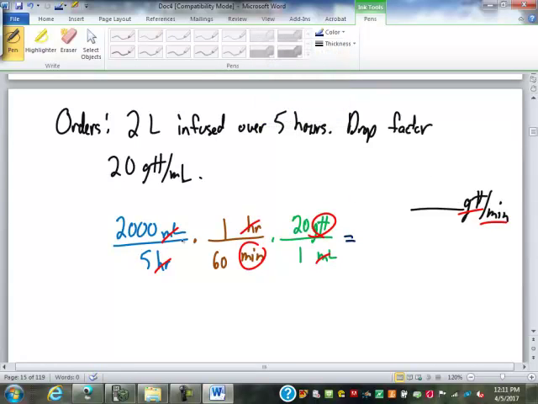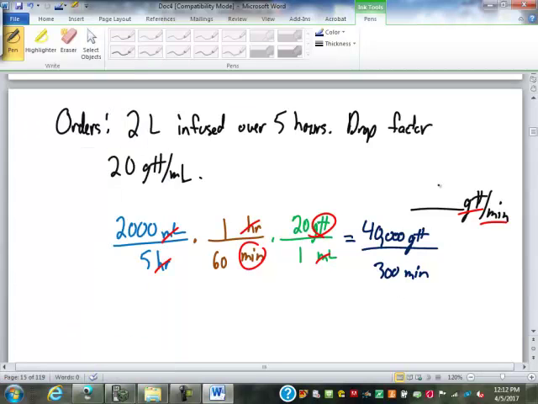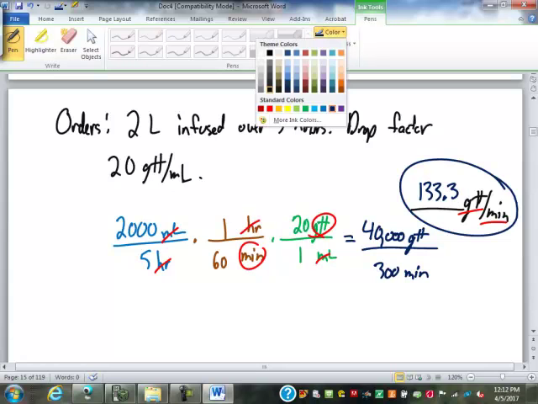So we have 2,000 times 1 times 20 drops is 40,000 drops over 5 times 60 minutes times 1 is 300 minutes. So 40,000 divided by 300 is 133.33. So we're going to go to 1 decimal place. 133.3 drops per minute.